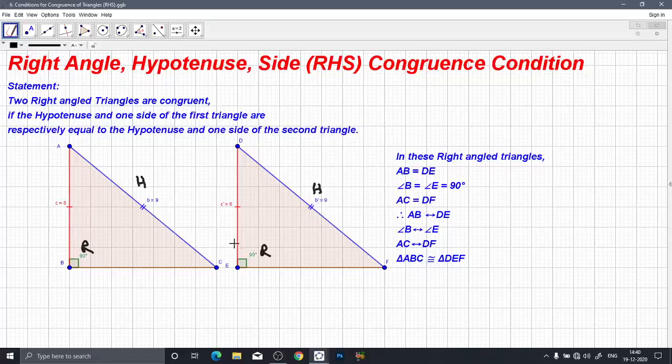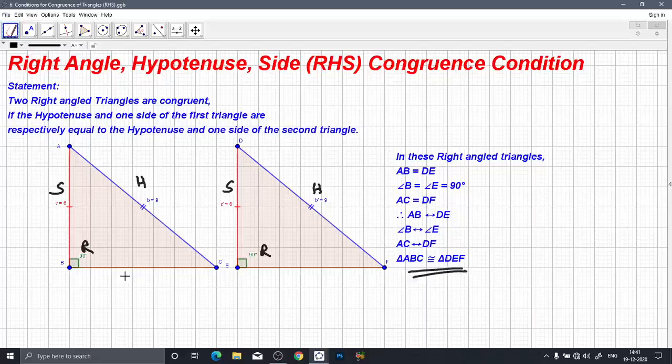Here both are 90 degrees. And this is 6 centimeters and this is 6 centimeters, the same sides. So now these two triangles follow the RHS, right angle hypotenuse side congruence condition, to be congruent to each other. Triangle ABC is congruent to triangle DEF.